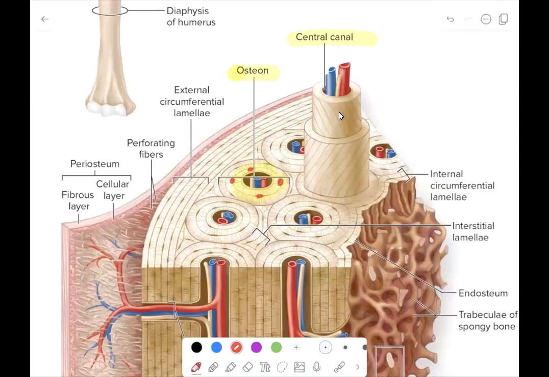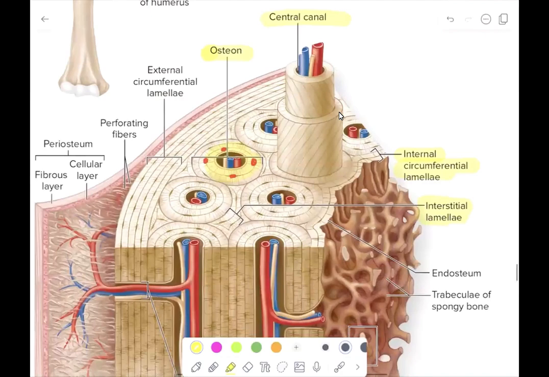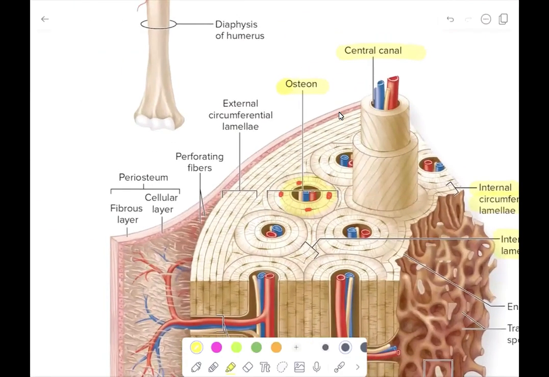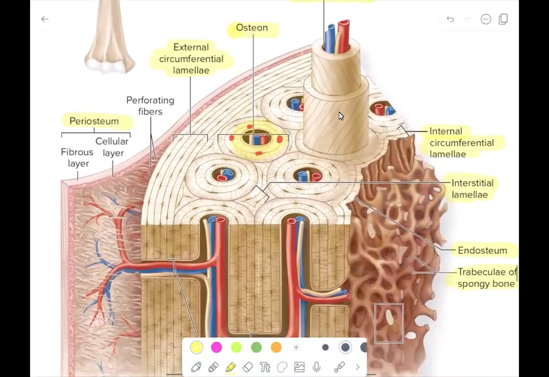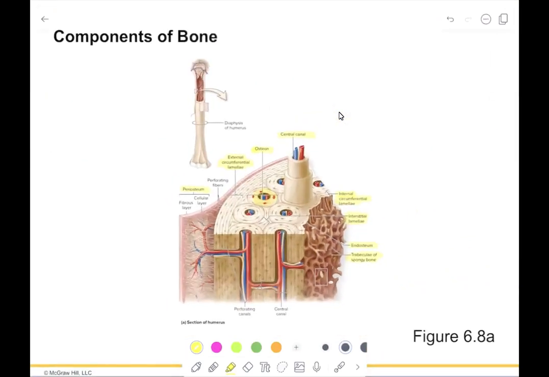There are also various other lamellae based on where they are located. There are internal circumferential lamellae, and interstitial lamellae, which means they're between osteons. We have external circumferential lamellae close to the periosteum. And then notice near the endosteum, where there is some spongy bone found, in this case, in the medullary cavity, the trabeculae kind of look like woven bone.